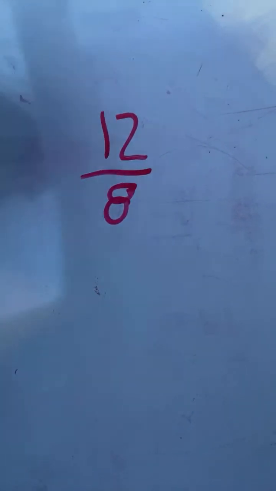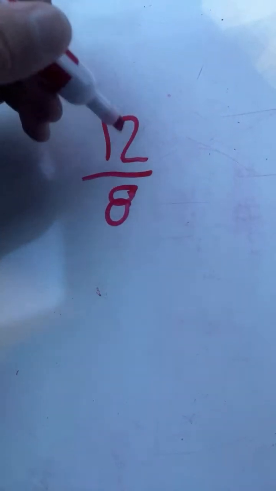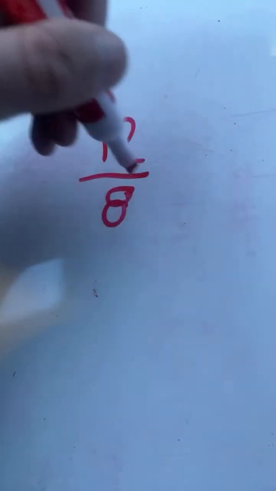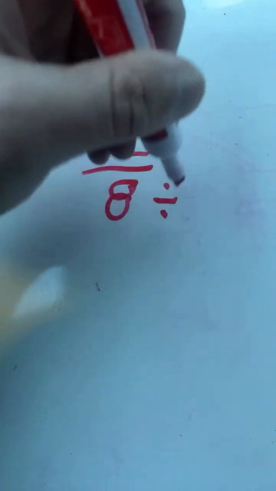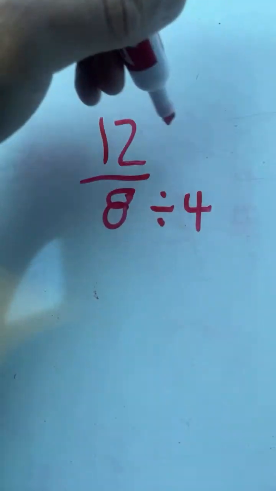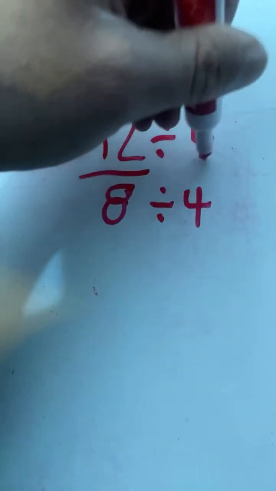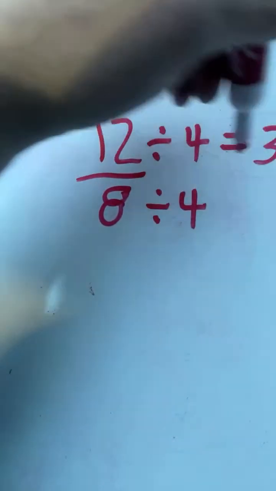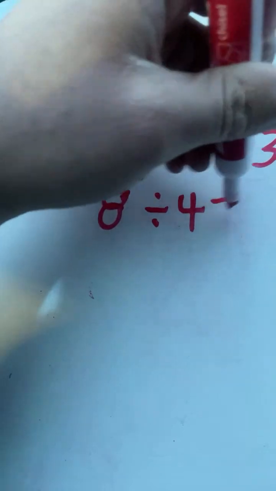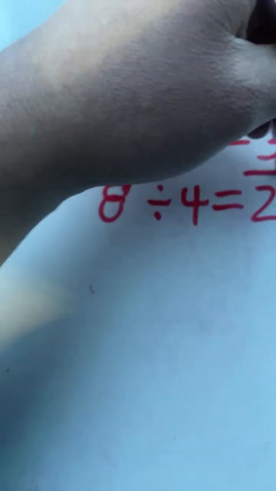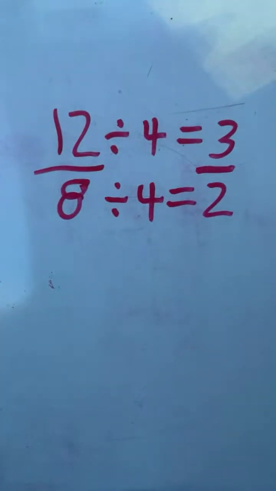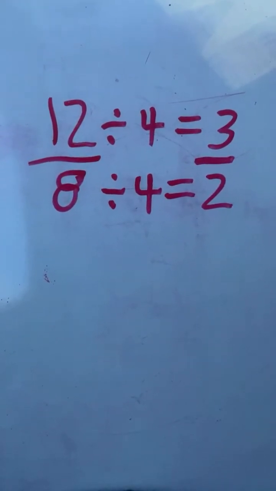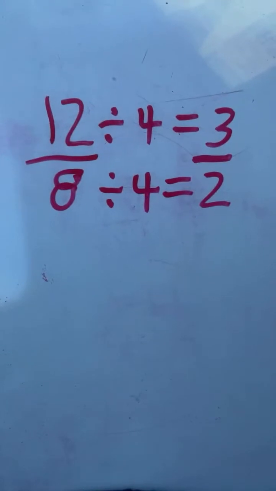The greatest common factor between 12 and 8 would be 4. So we're going to divide by 4. 12 divided by 4 equals 3. 8 divided by 4 equals 2. So there you have it. 12/8 reduced to lowest terms equals 3 over 2.